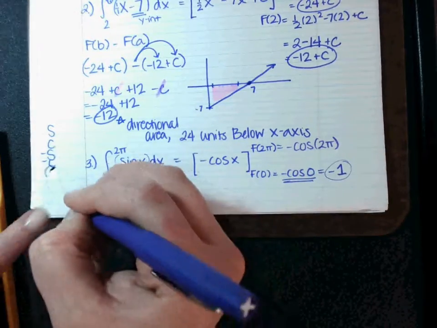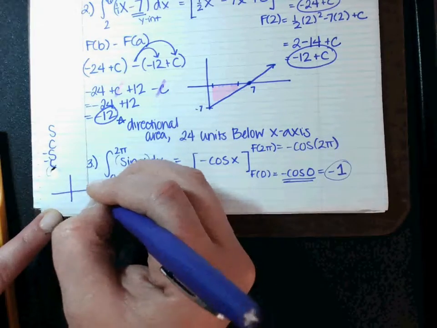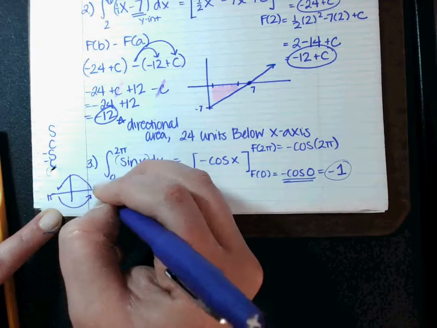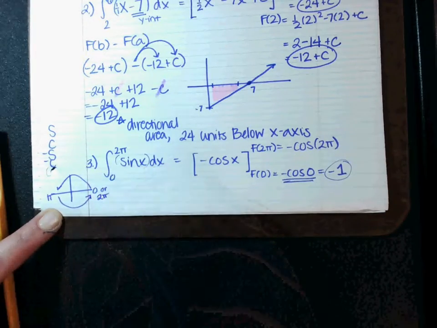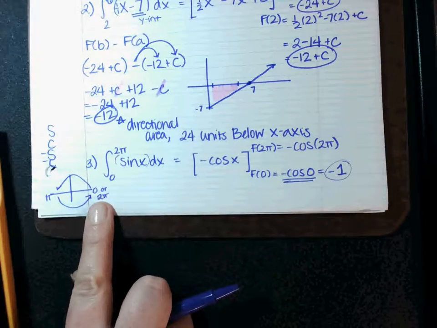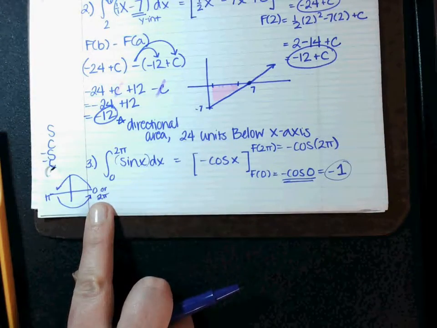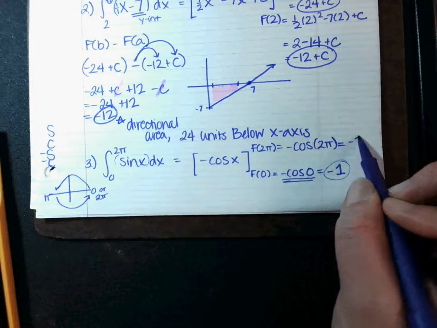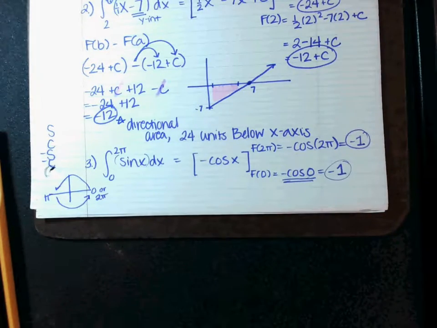And then if I think about my unit circle here, 0's here, pi is over here, 2 pi puts you back on the exact same spot that you were at for 0. So when I do 2 pi with my hand trig, I'm actually going to use 0 as my reference angle. And then remember the cosine of 0 is 1, so this is also a negative 1.